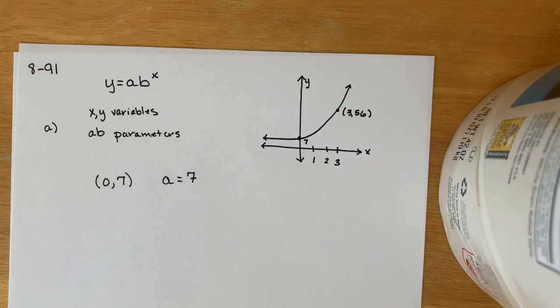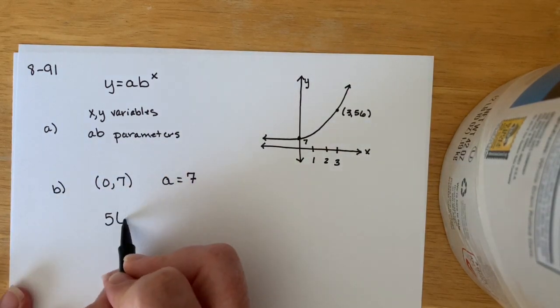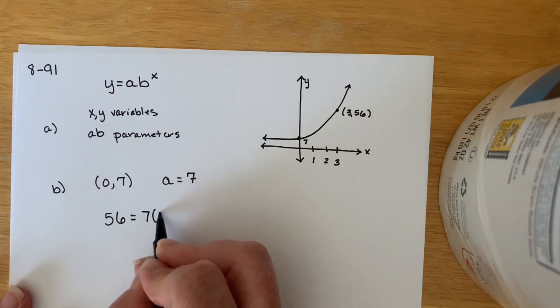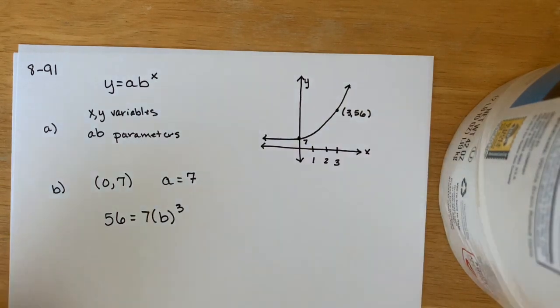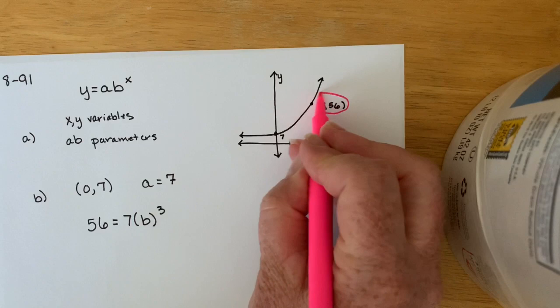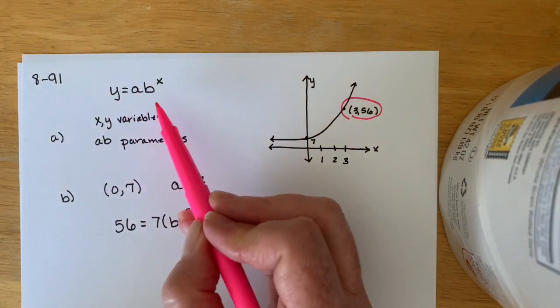Errol noticed that Sandy said that 56 should be able to equal 7 times b to the third power. What they actually did is they took a look at this point right here, and they plugged it into the equation y equals ab to the x.